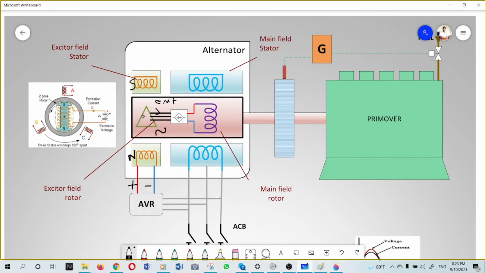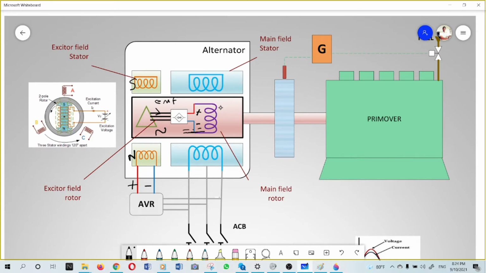As there are three coils, it will be a three-phase AC waveform. Then, as it is connected to the diode rectifier bridge, it will convert this AC supply into a DC supply. Then this DC supply is again applied to the main rotor field.